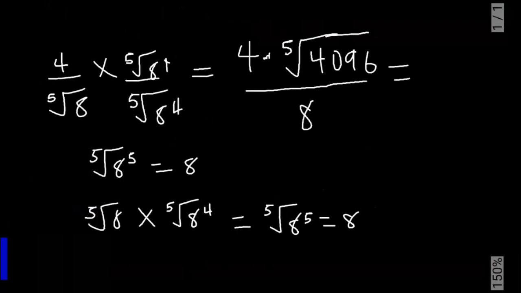If we simplify it and reduce it to its lowest terms, 4 divided by 4 is 1, 8 divided by 4 is 2. So we have the fifth root of 4096 over 2.